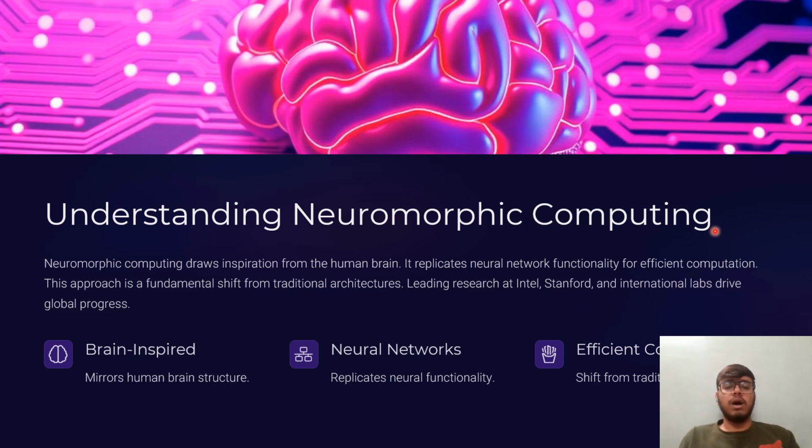Many institutes like Stanford are actively researching this key concept of neuromorphic computing. It mirrors the brain structure and uses neural networks to replace brain-like functionality. This brings a big shift from traditional computing, making it faster, smarter, and more energy efficient.